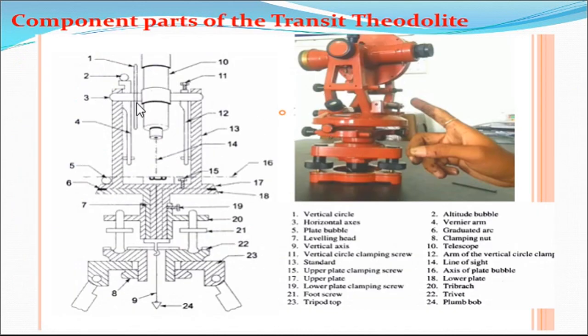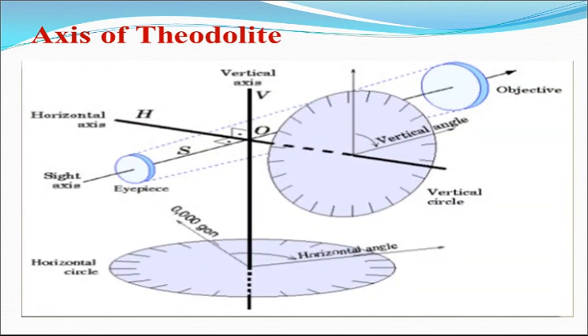In this case it is on the observer's left side, meaning when the observer looks through the eyepiece, the circle is on the left; this is the left face. When we revolve it from this side, it is the right face. Now the observer is here and the vertical circle is on the right-hand side of the observer, which is known as face right.